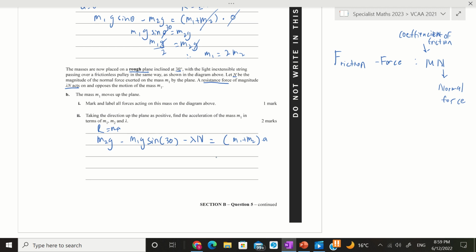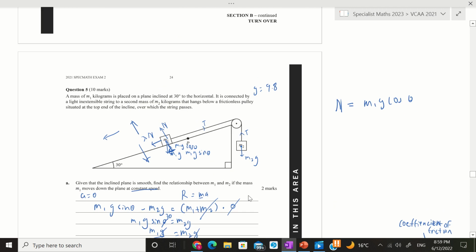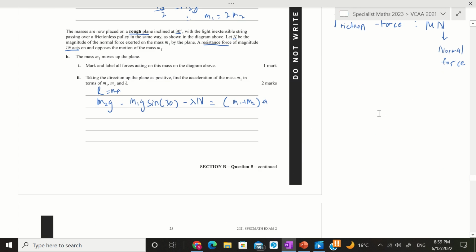Okay, cool. What can we do next? Well, we want to find the acceleration in terms of m1, m2, and this delta value, right? So we want to get rid of n, but we know what the normal force is, right? We've already calculated it. Normal force, as I mentioned before, is completely balanced by the perpendicular component of the weight force. So the normal force is m1g cosine theta.